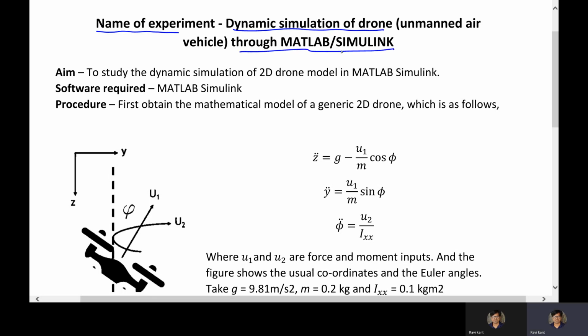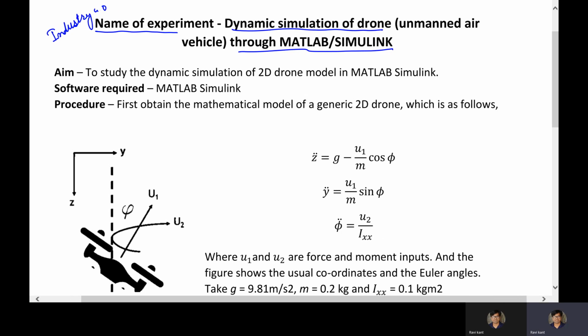The package is called Simulink. This is the second experiment for the Mechanical Engineering Department for Industry 4.0. The aim of this experiment is to study the dynamic simulation of a 2D drone model in software called MATLAB.